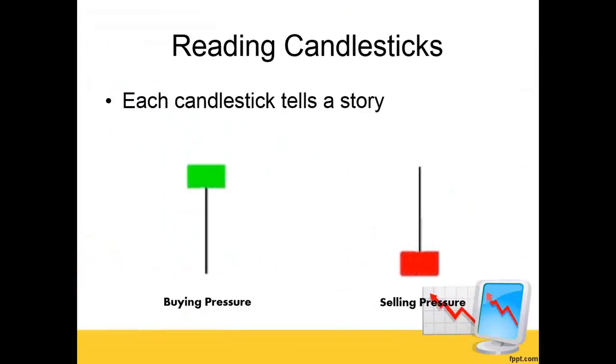You have here a bullish candle, and then you have here a bearish candle. Now, what I usually look for is a hammer or a shooting star. This is what you call a hammer, and this is what you call a shooting star. Now, what happened here if you have a hammer?